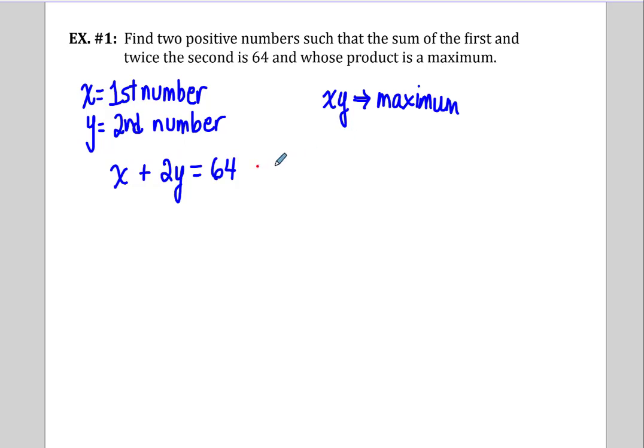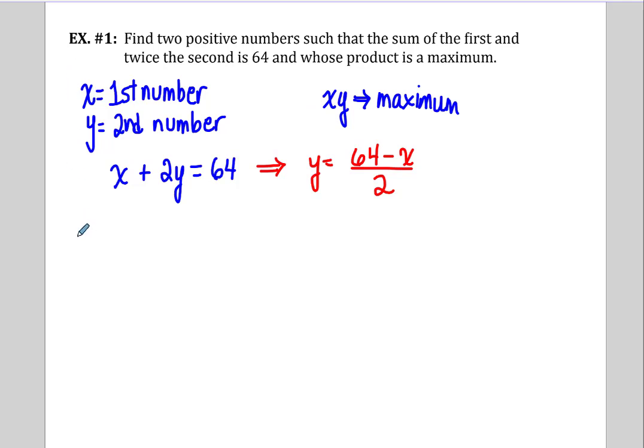Okay, so once we have the two equations, we can take this equation, and if we isolate for Y, solve for Y, we would have (64 minus X) divided by 2 that we could substitute into this product, right?